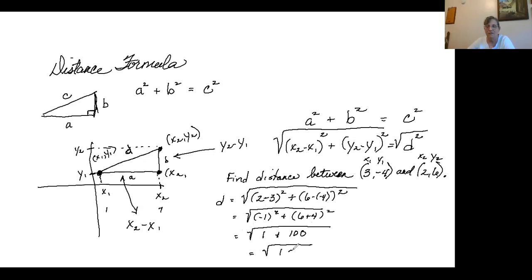So the distance is the square root of 101. Now this is your exact distance. If you want the approximate, use a calculator. It's whatever the calculator is going to give you.